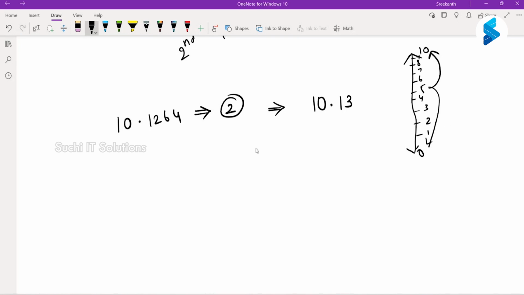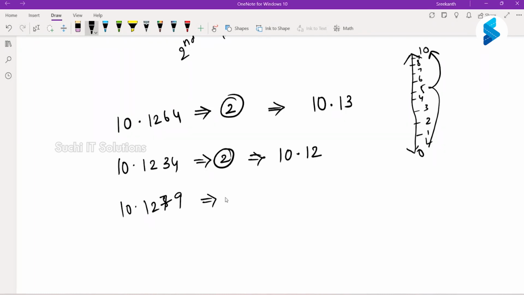So if I say 10.1234 and round to 2 decimal points, the value would be 10.12. If I say 10.1279, rounded to 2 decimal points, it would be 10.13.